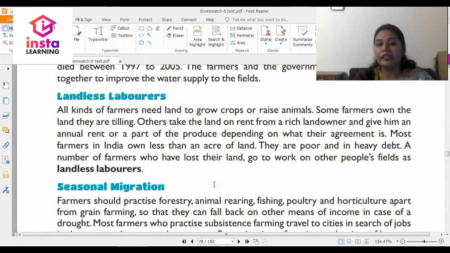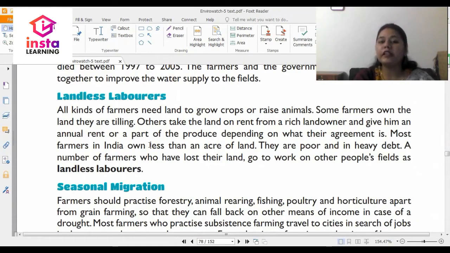Then you have landless laborers. Who are these? All kinds of farmers need land to grow crops or raise animals. Some farmers own the land that they are tilling. Others take the land on rent from a rich landowner and give him an annual rent or a part of the produce, depending on what their agreement is.